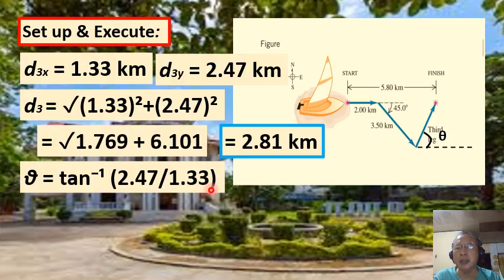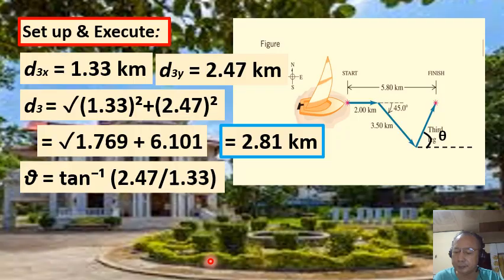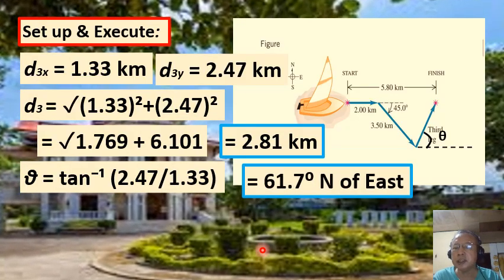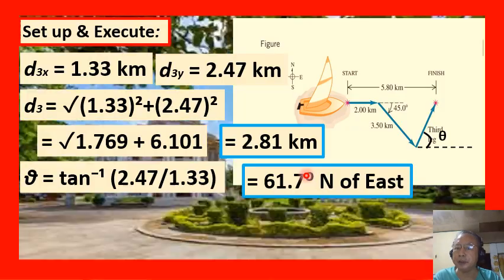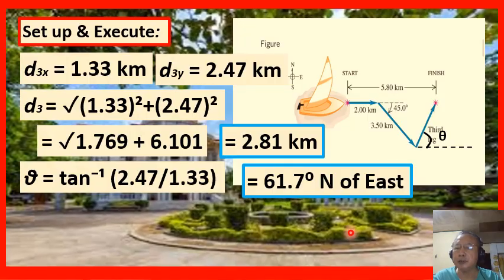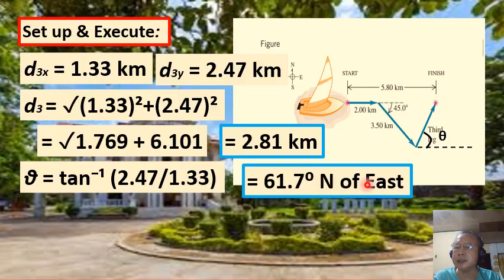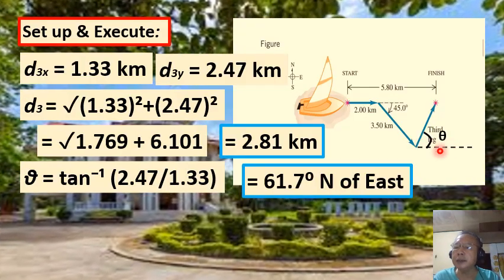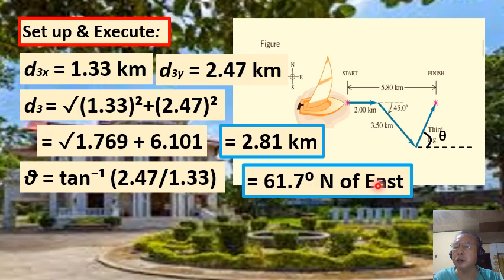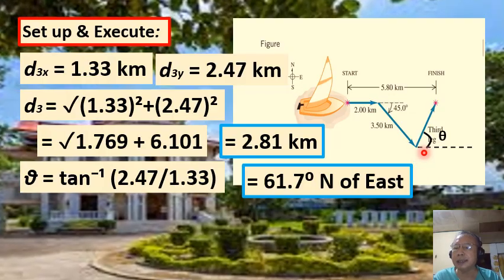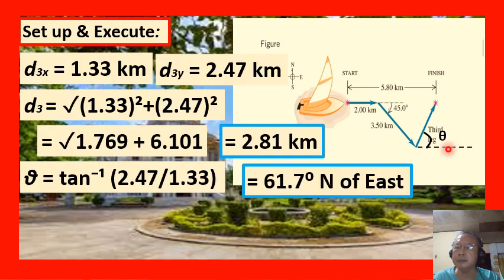With the help of your scientific calculator, we find the angle theta equal to 61.7 degrees in 3 significant figures. And using the geographic direction, 61.7 degrees can also be described as 61.7 degrees north of east, east being the reference geographic direction.